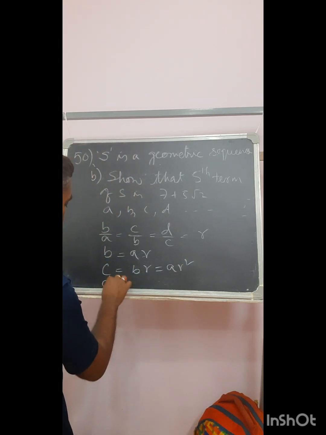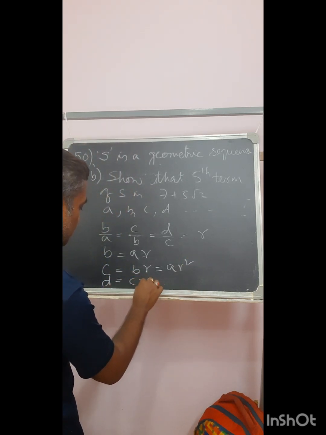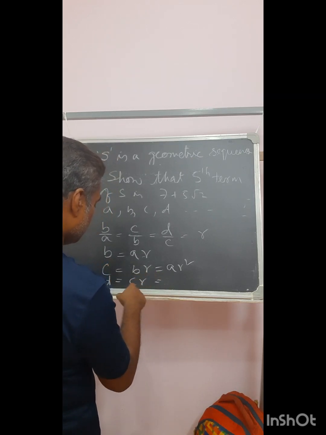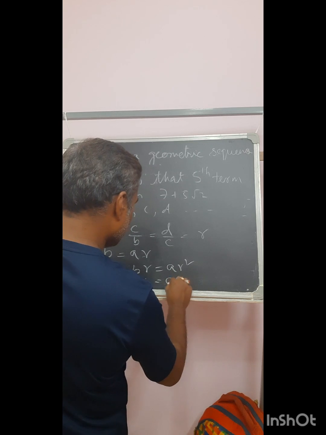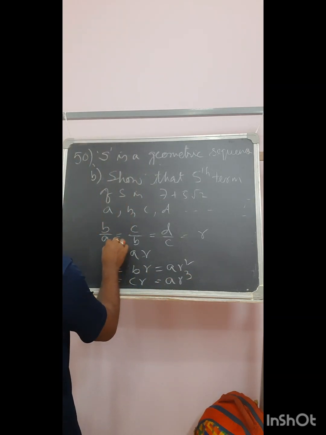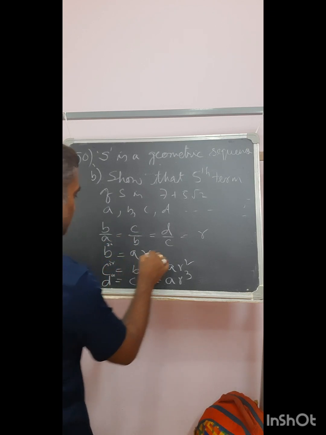Then similarly D is equal to CR. If I put the C value here, it will be A into R cube. So you can see this is your second term, this is your third term, this is your fourth term.